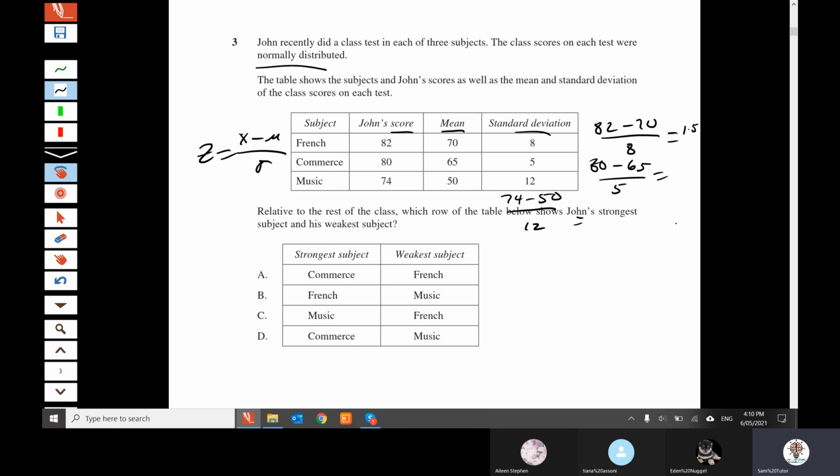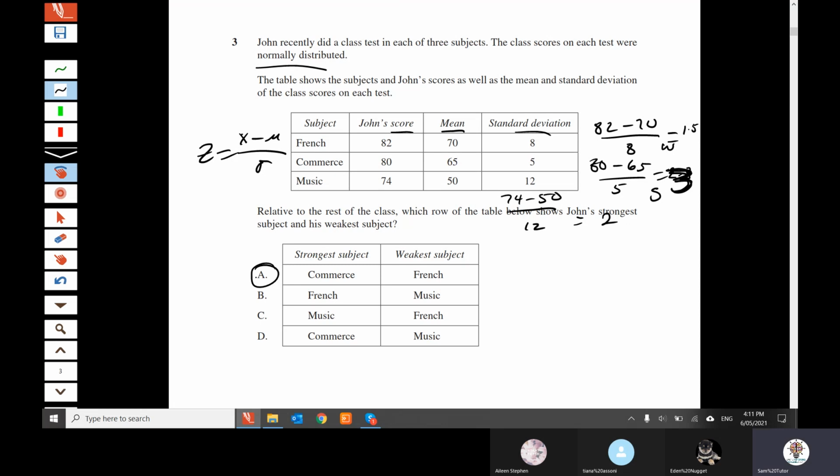Next one, you get 2.8. And the next one you get 2. Obviously, which one's the strongest? Strongest is commerce. Which is the weakest? Weakest is French. Oh, 3. I guess it doesn't change our conclusion. Strongest is still commerce and weakest is French, I said.